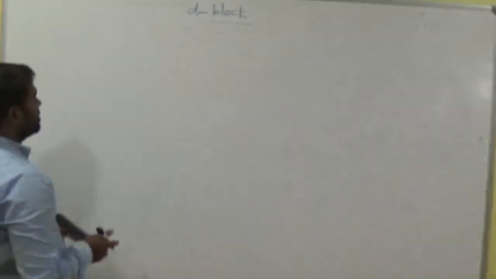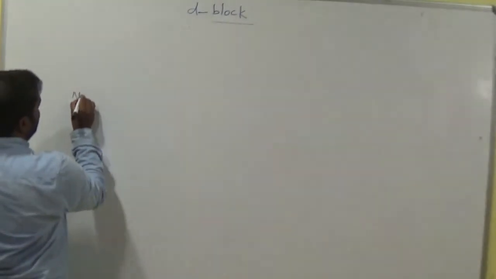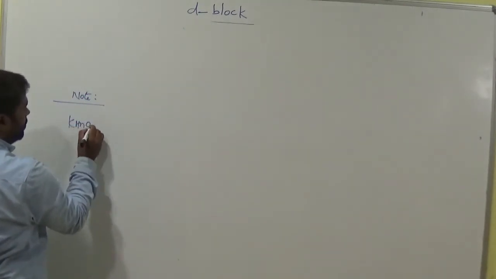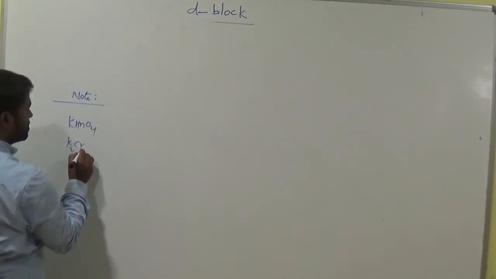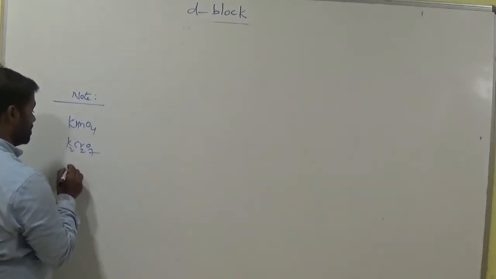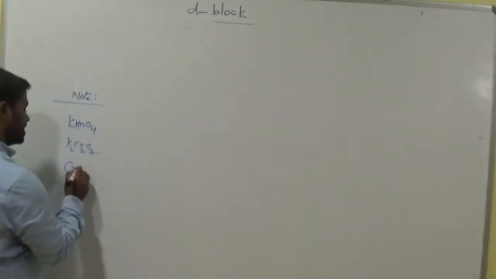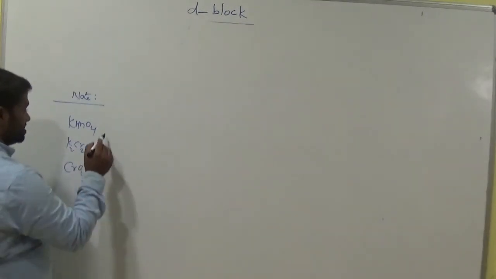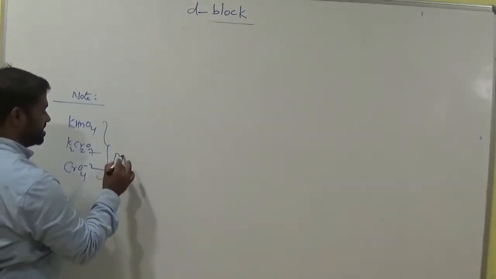And see, note here: KMnO4, K2Cr2O7 and CrO4 minus 2. These are diamagnetic in nature.